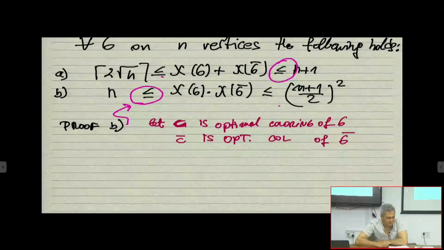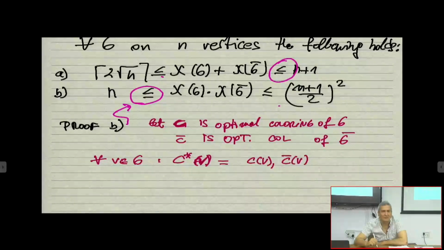Okay. Now for every vertex V, in G or in G complement, whatever you like, we define a new coloring. C star of V will be a two-tuple: the color of V in the first coloring, and the color in the other coloring.